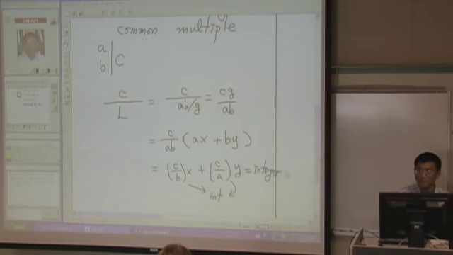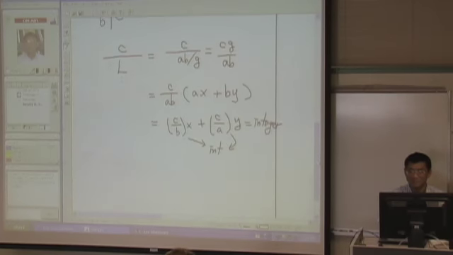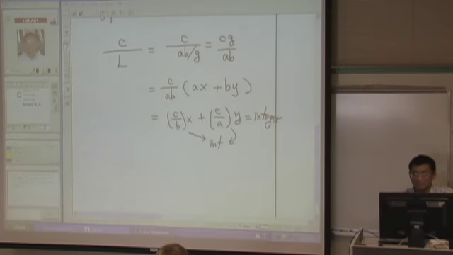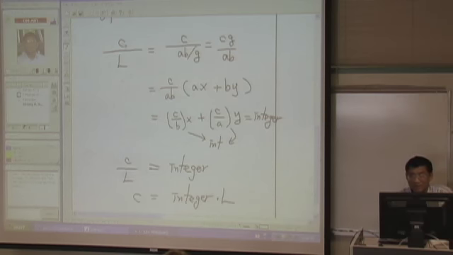And all these things happen here because of this relation. C over L is some integer, and then C is an integer times L. And as you can see, we are handling positive C, positive L. So a positive number over a positive number is positive.